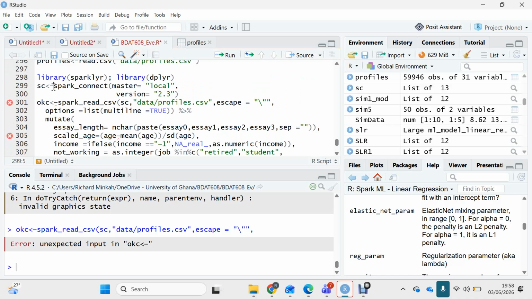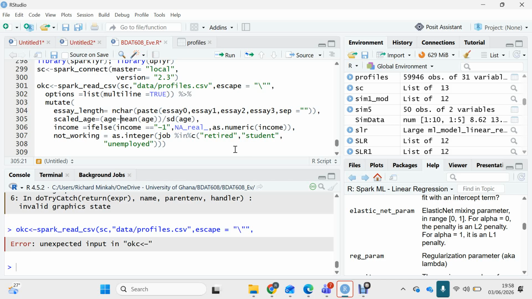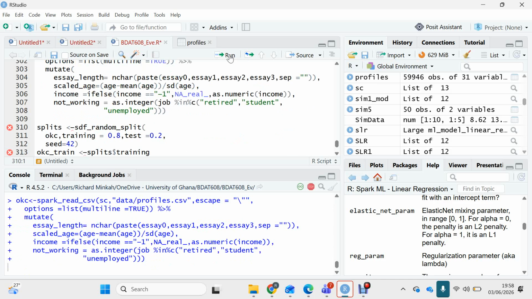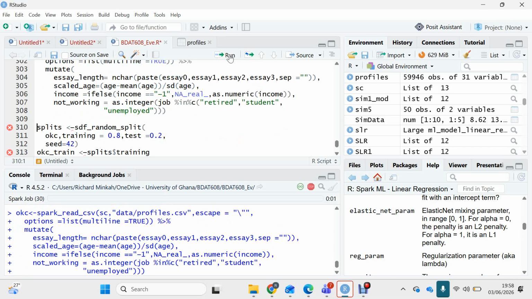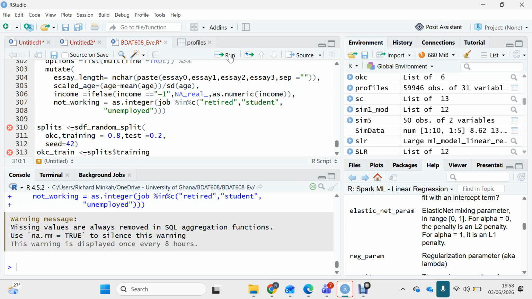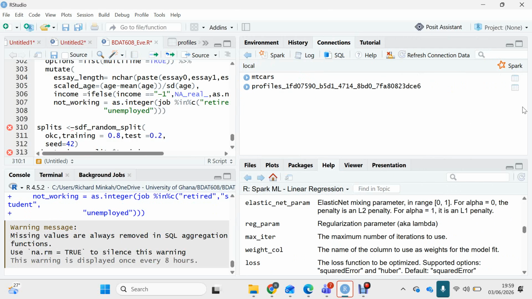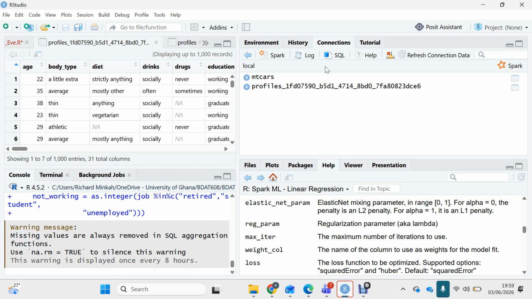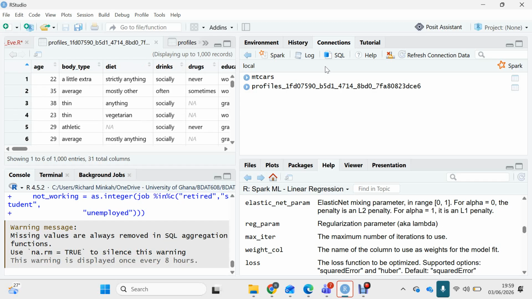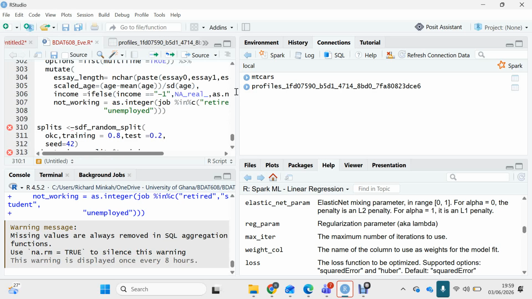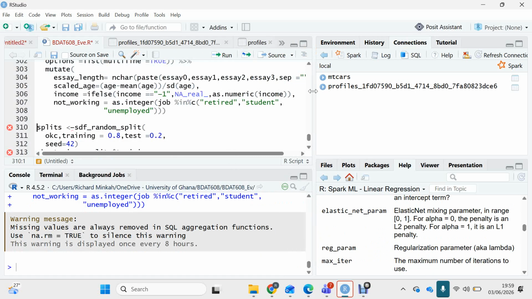You can also get it from this folder, Mastering Spark. Okay, there's the appendix. Let me show you this. As I said, this will help you in all your other courses.